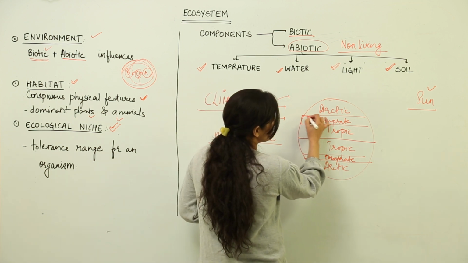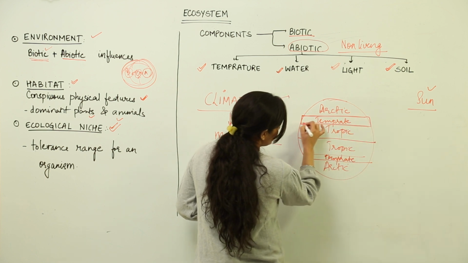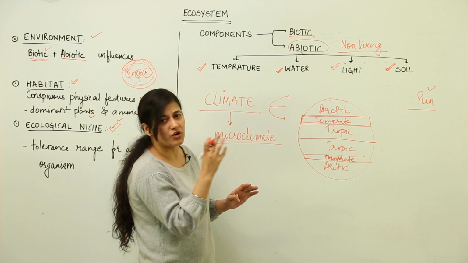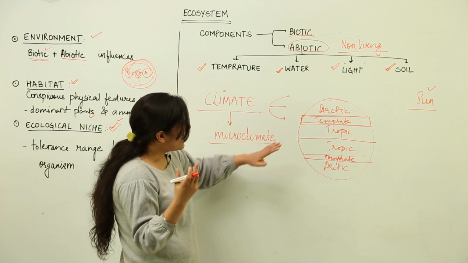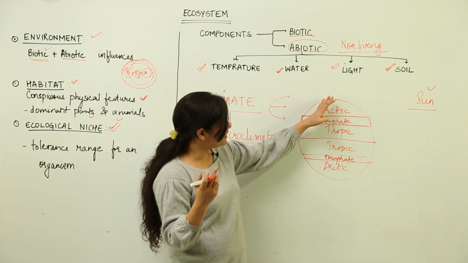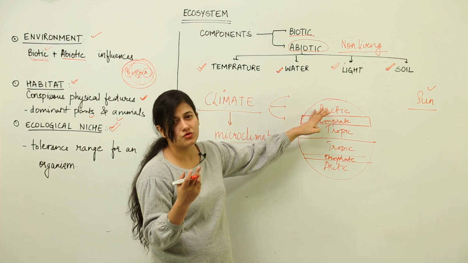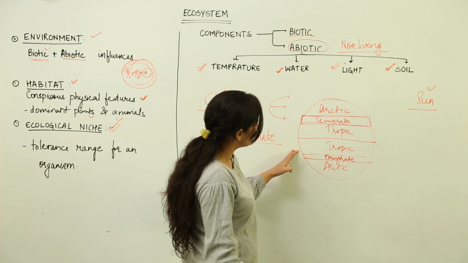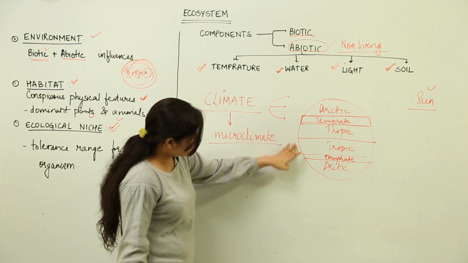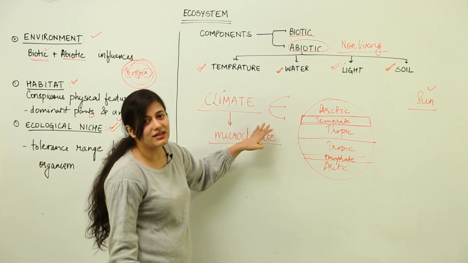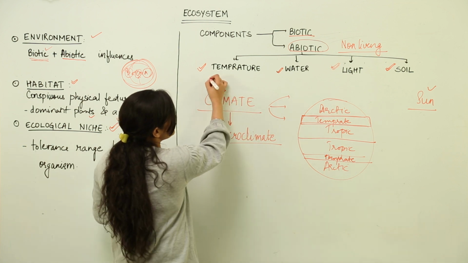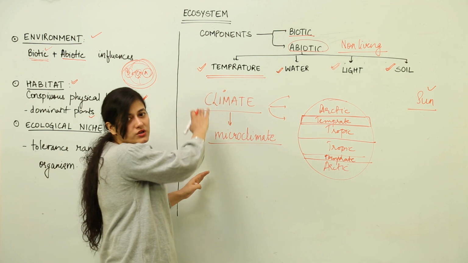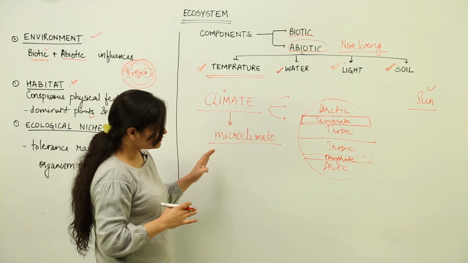This place has a different type of climate, with much cold and a short duration hot period. The Arctic region, you might be aware, is covered with snow most of the time, and the temperature is very low. So this differentiation of climate depends on the temperature prevalent in the given area, and temperature forms an important abiotic component.